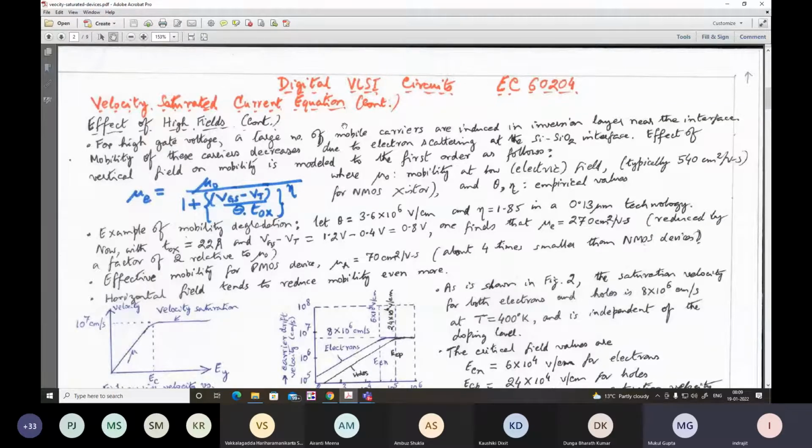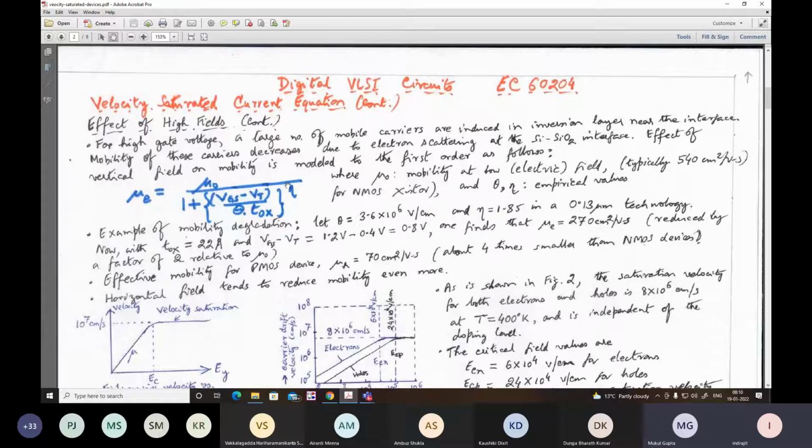So, the effect of vertical field on mobility is modeled to the first order as follows. Now, this is an empirical relation. Mu E, that means the actual mobility, is related to the low field mobility and certain other empirical parameters like theta and eta. The values are given, no need to memorize this.